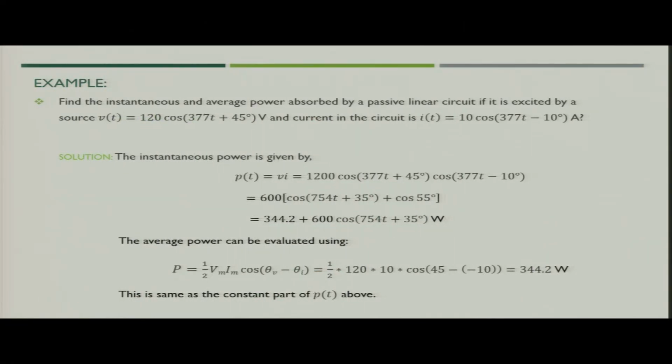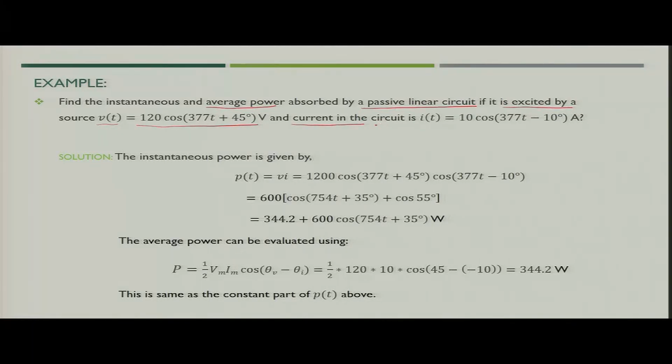Now, let us take one example so that you can understand what we discussed till now. Suppose you are asked to find the instantaneous and average power absorbed by a passive linear circuit, and it is excited by a voltage V given as 120 cos(377 t plus 45 degrees).